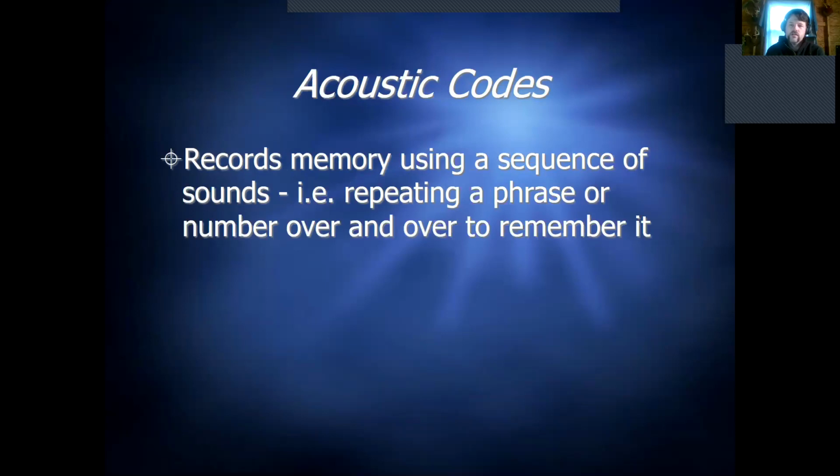Acoustic codes has to do with your hearing, sounds. So your brain also encodes memories using things that you've heard. You can remember hearing someone say something, and that's a way that your brain encodes a memory. Now, if you repeat a phrase or a number over and over to remember it, you're activating these acoustic codes.